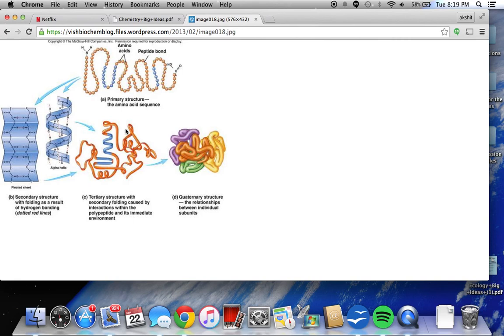It could be anything. It just makes a unique shape. Quaternary structure is when a bunch of the tertiary structures come together and clump together to make a bigger thing. Usually that's the big proteins we have in our bodies, like hemoglobin and other proteins.